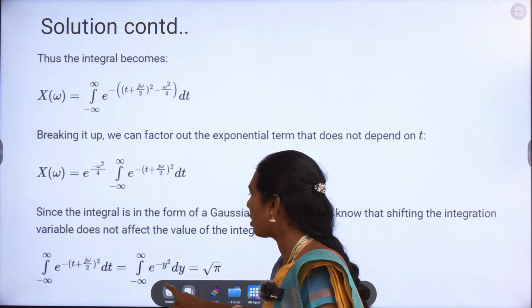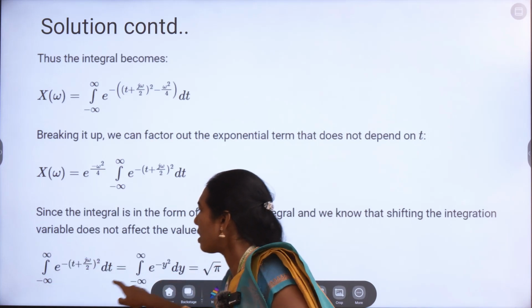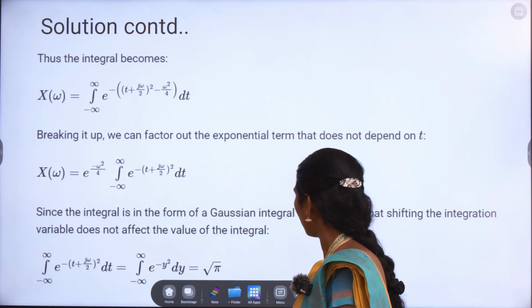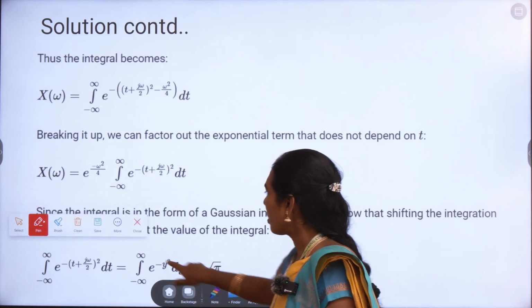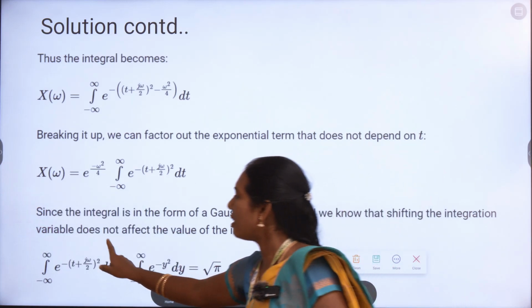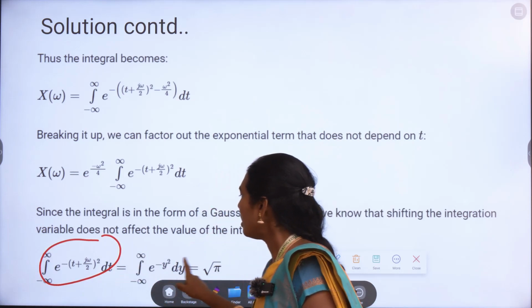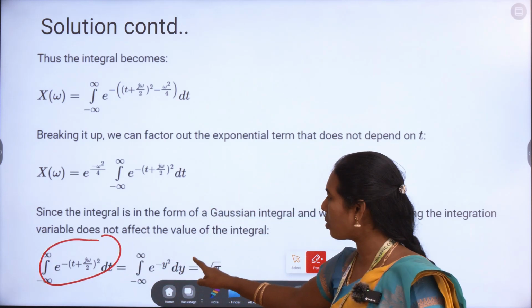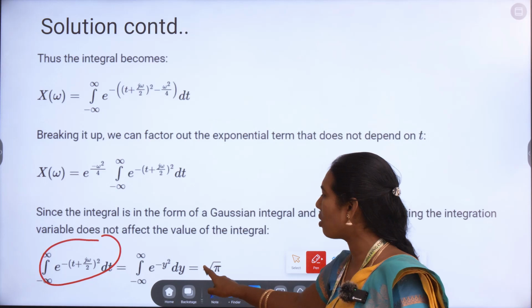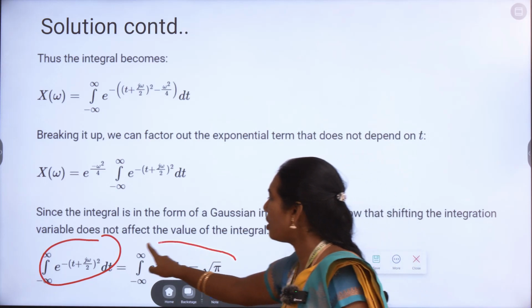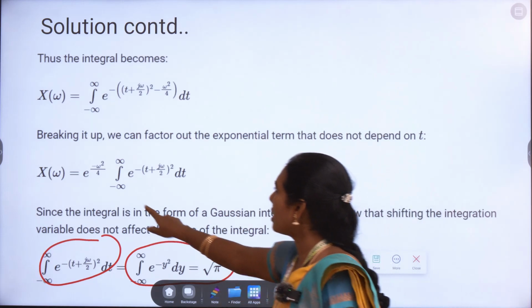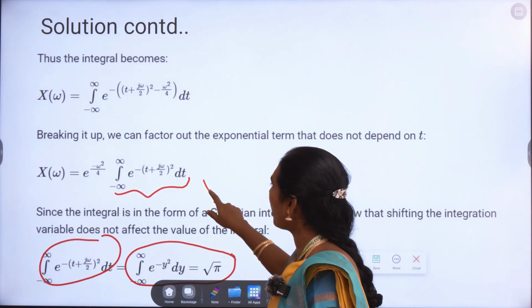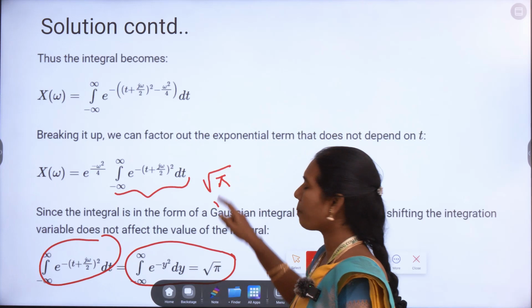In the question it is given that this integral of e power minus y square dy is equal to square root of pi. So now we can consider this part equal to square root of pi.